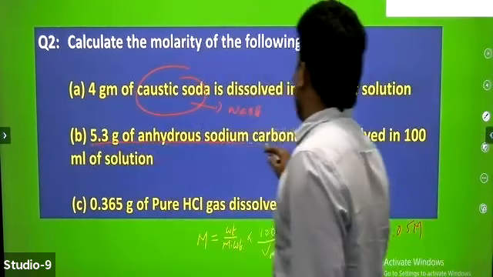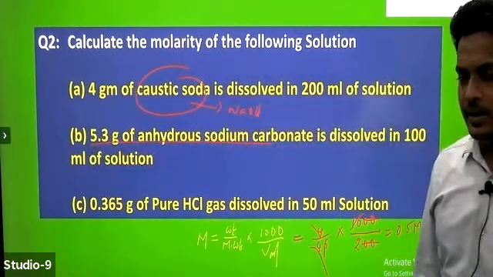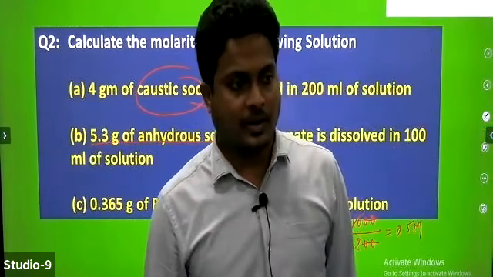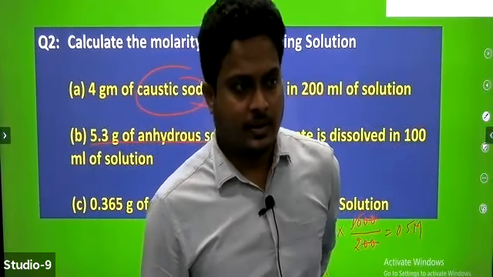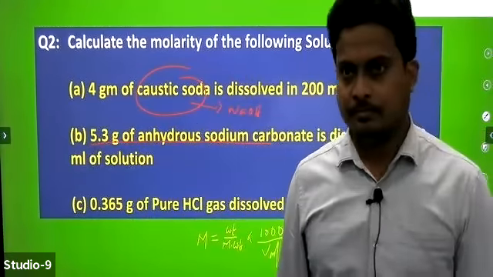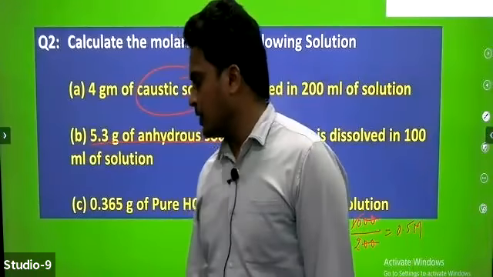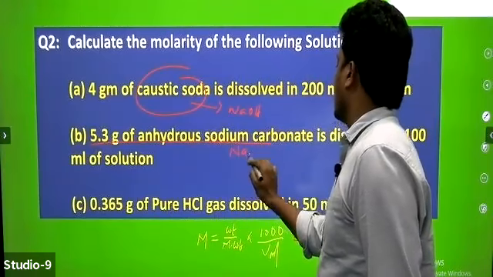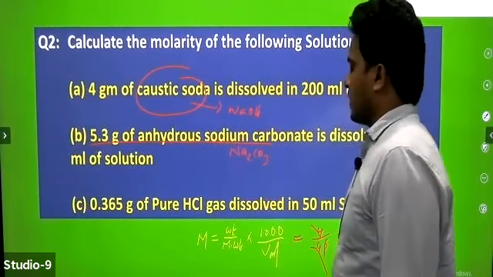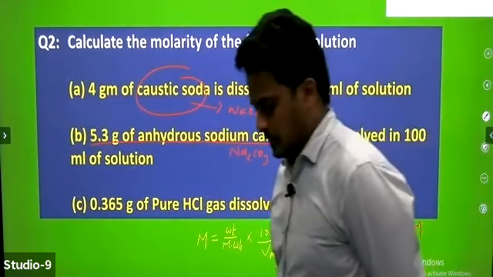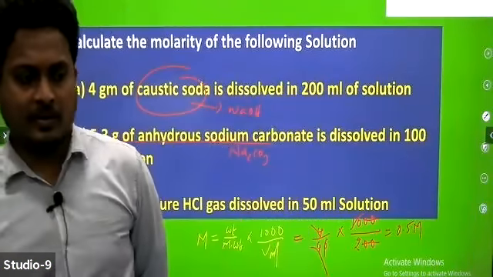5.3 grams of anhydrous sodium carbonate. Anhydrous means without water molecules, Na2CO3. Without water molecules means only Na2CO3, sodium carbonate. You should remember the molecular weights of some important molecules. Already we discussed that in previous classes.